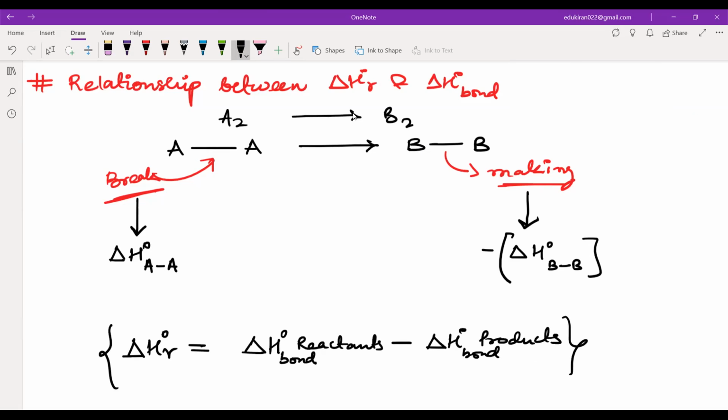Any problem, guys? No problem with this? No, sir. So you can write this part here. If you want to write, you can write this part, because we are going to use this relationship now. So it needs to be there in your notebook while we are doing questions on this.